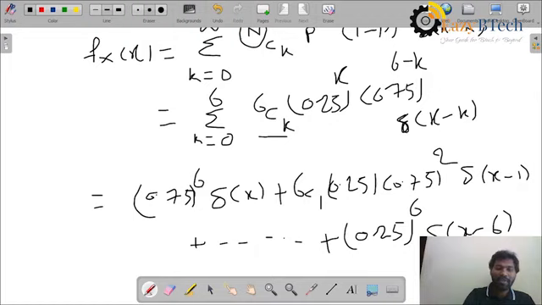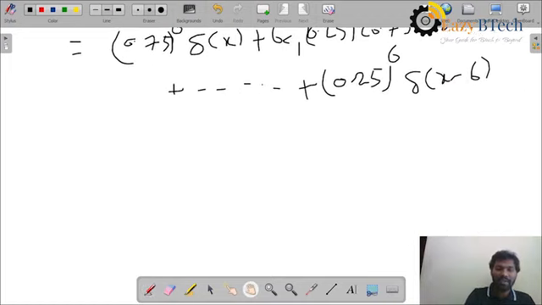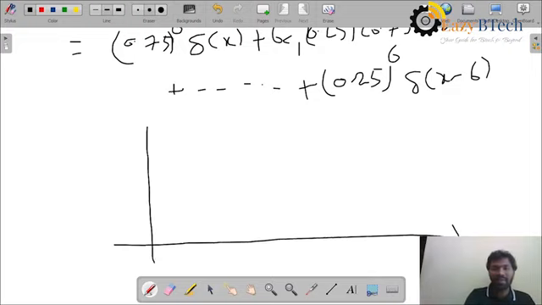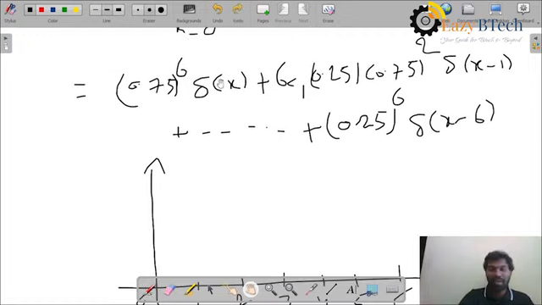And if you plot this impulse function, it is like this. The plotting of impulse function and density function is very important. So here you have values at 0, 1, 2, 3, 4, 5, 6, and all the above are impulse functions.